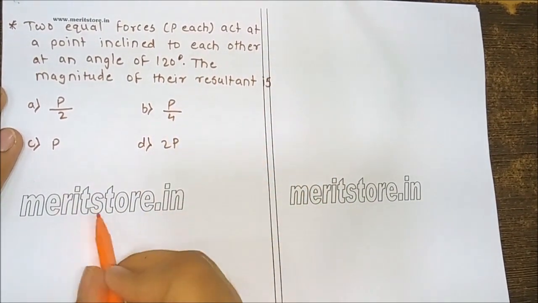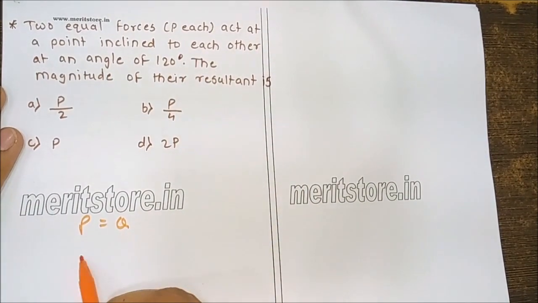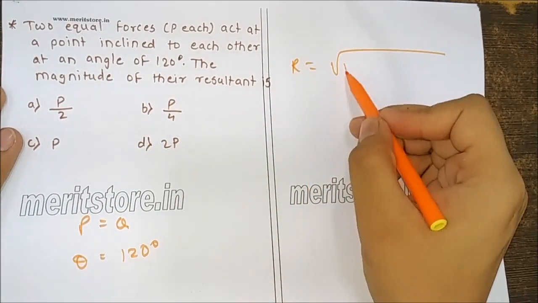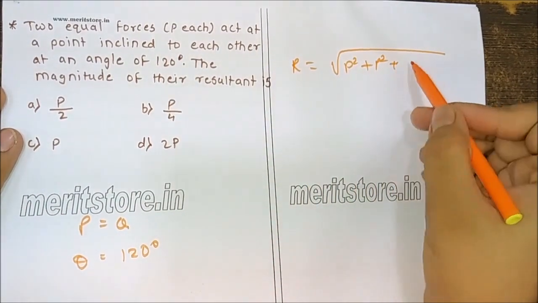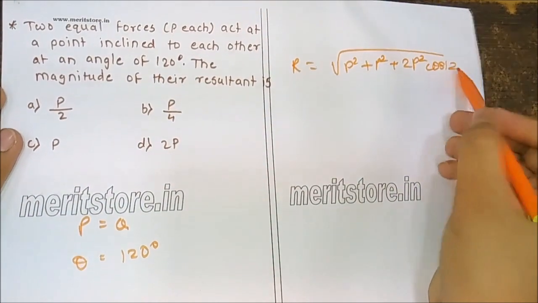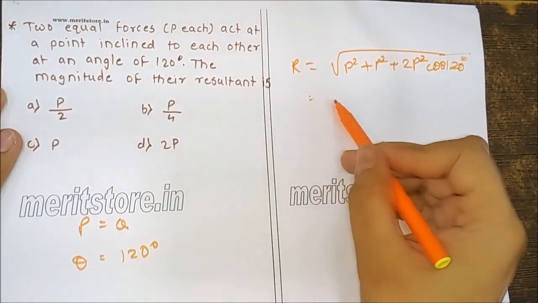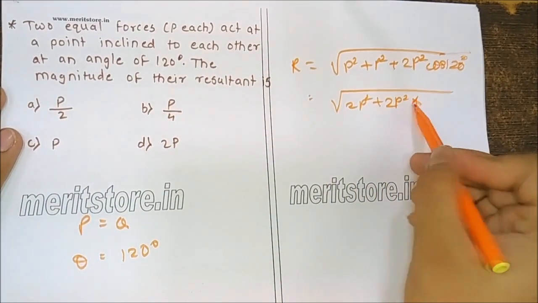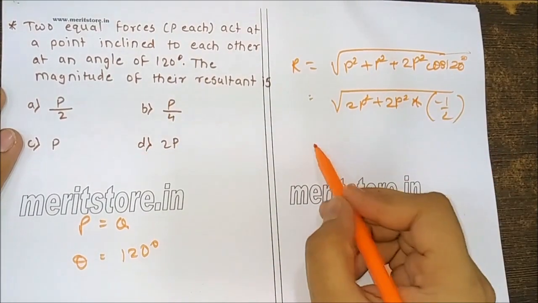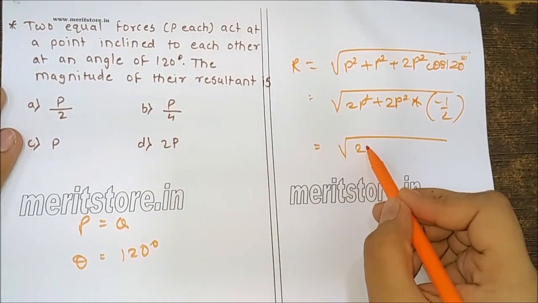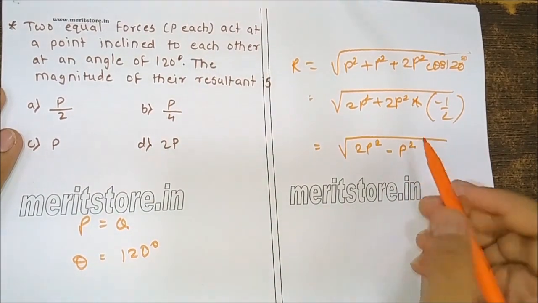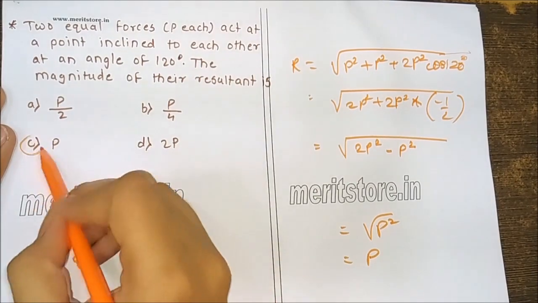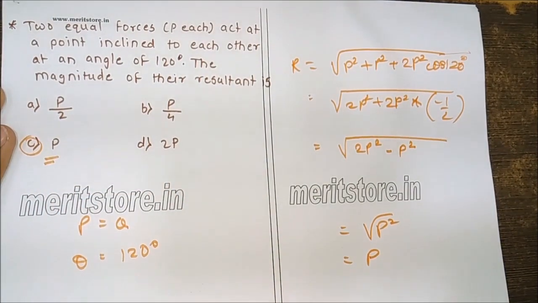Now to solve this question we know P is equal to Q, theta is equal to 120 degree, R is equal to square root of P square plus 2P square cos 120 degree, which is equal to square root of 2p square plus 2p square into minus 1 by 2, which on solving we get 2p square minus p square, square root of p square, which is equal to p. So option C, P is the correct answer.